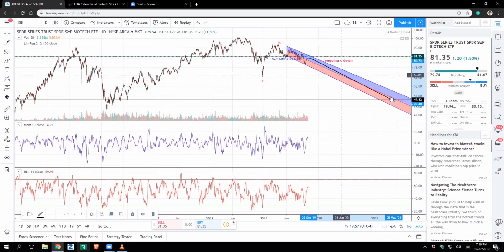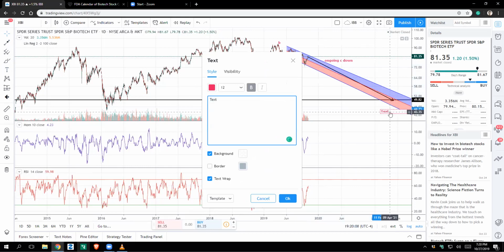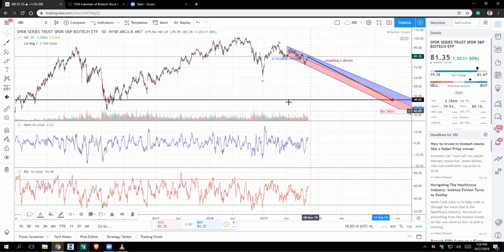Of course, this is not going to happen in a straight line. It's going to be zigzag within this channel, but this is somewhere it's going. So 50 is somewhere I think it could go.